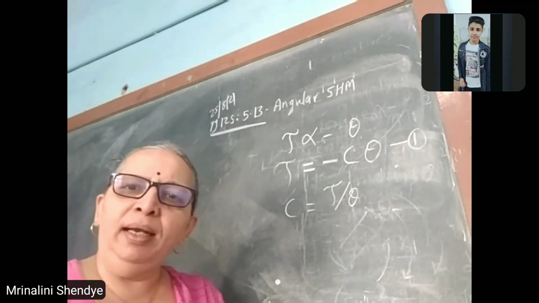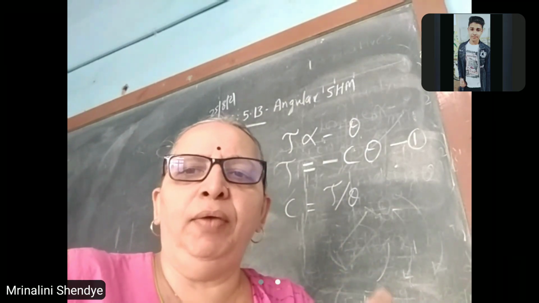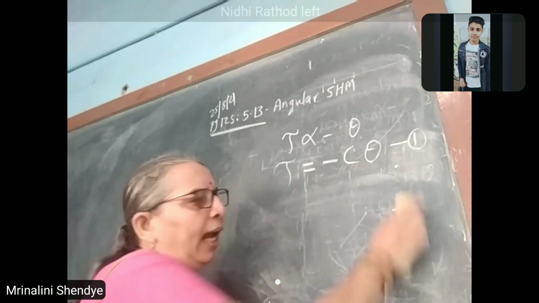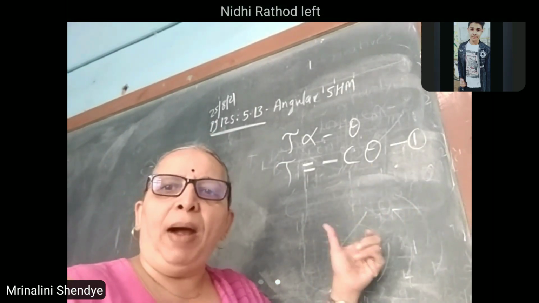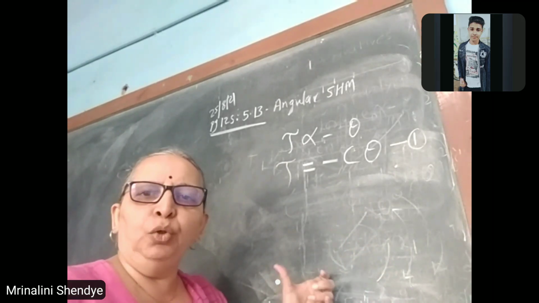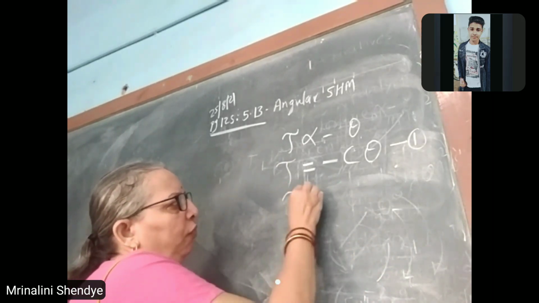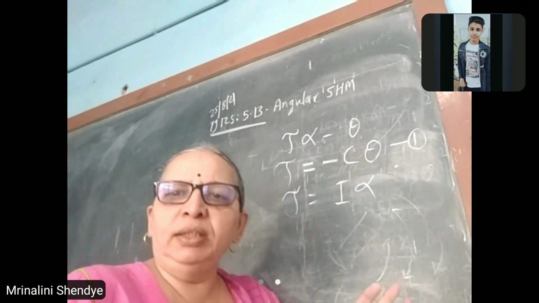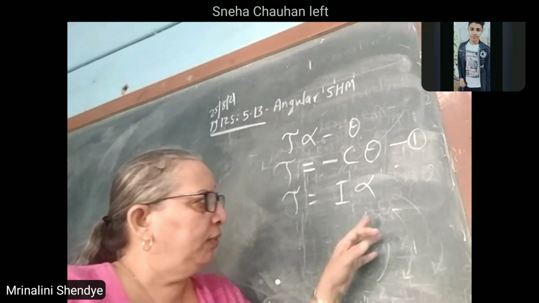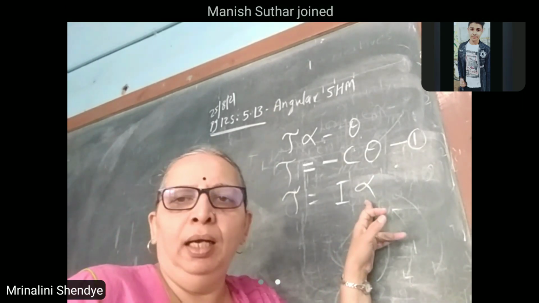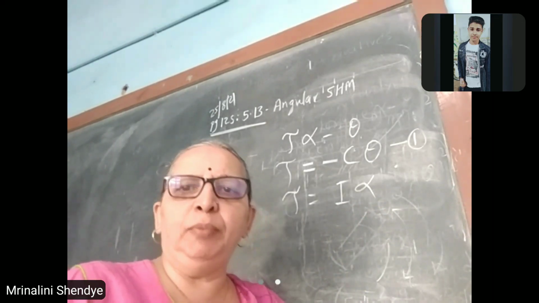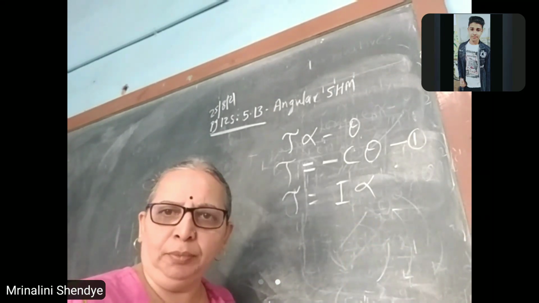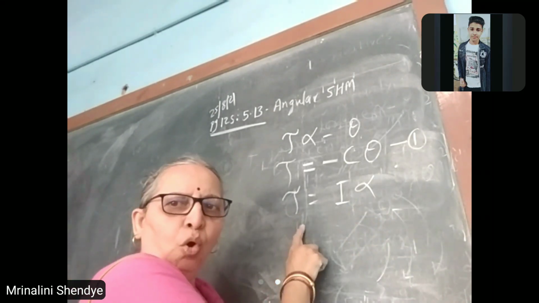For any body, not only the magnet, I have given just one of these examples of angular SHM, the body is partly rotated and hence you can define torque in terms of its moment of inertia. Due to this theta, velocity will change. Due to the velocity change, it will get an angular acceleration. So if I is the moment of inertia of a given body about the given axis of rotation, and alpha is the angular acceleration produced, you can rewrite tau as I alpha.